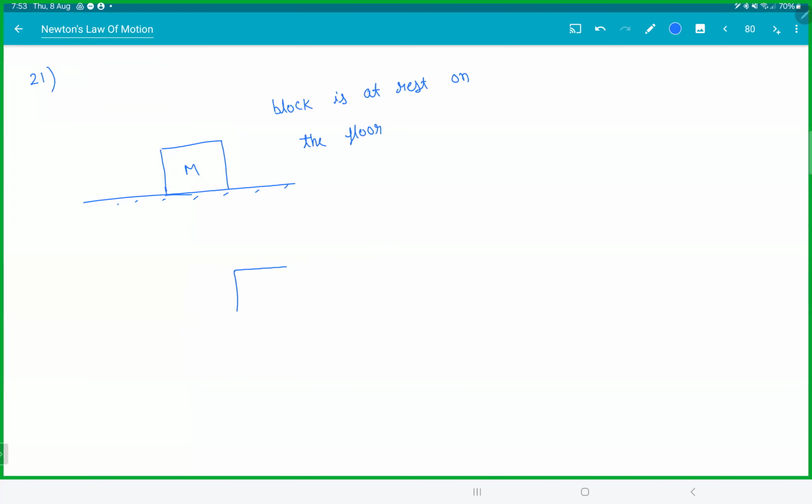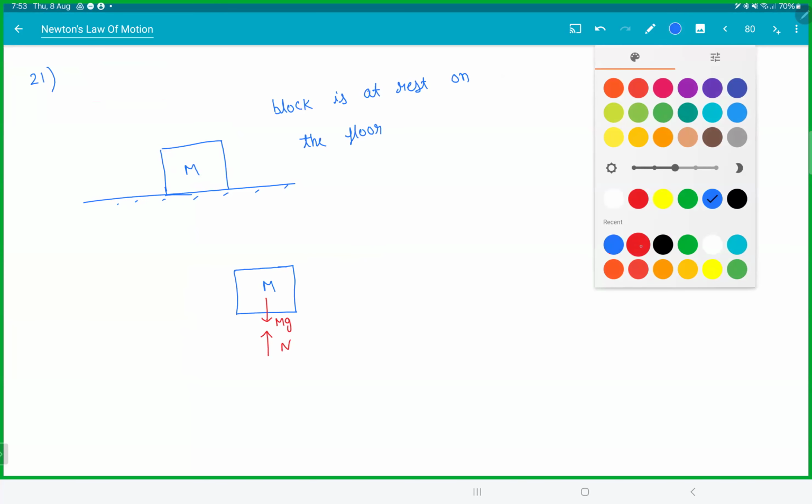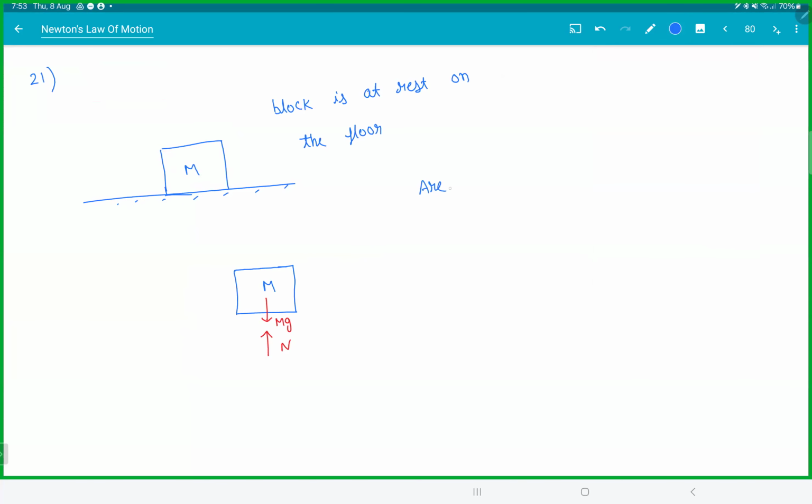Now, when you try to draw the forces acting on the block, you have mg and you have the normal reaction. So my question is, are mg and N an action-reaction pair? We'll not use that word, but are they a pair of forces?